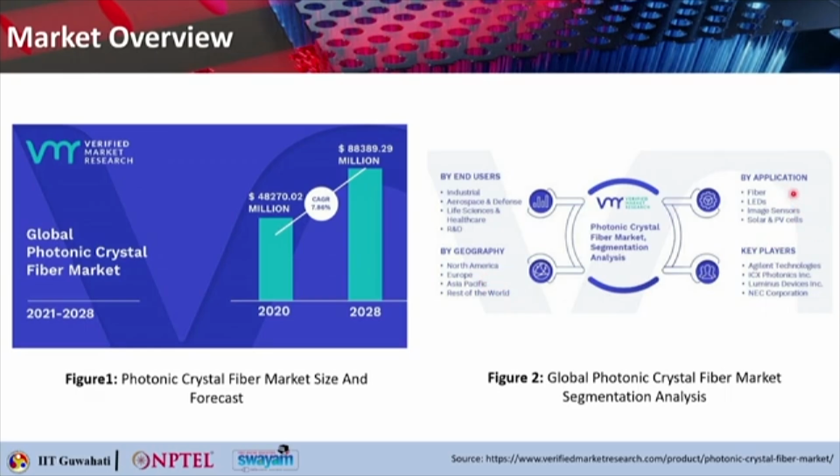By application it is mainly towards fiber, LEDs, image sensors, and solar and photovoltaic cells, and the key players in this technology are Agilent Technologies, ICX Photonics, Luminous Devices and NEC Corporation. This is typically the overview of the market of these photonic crystal fibers.